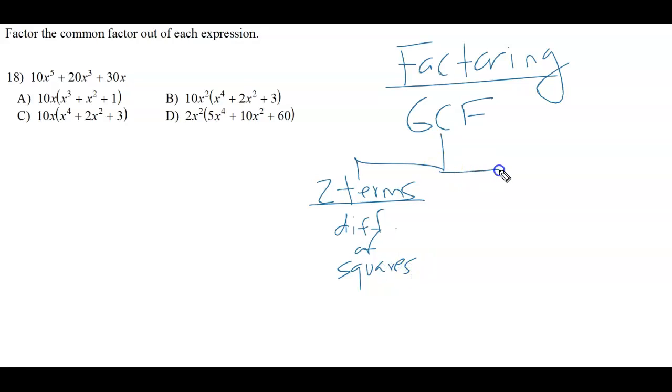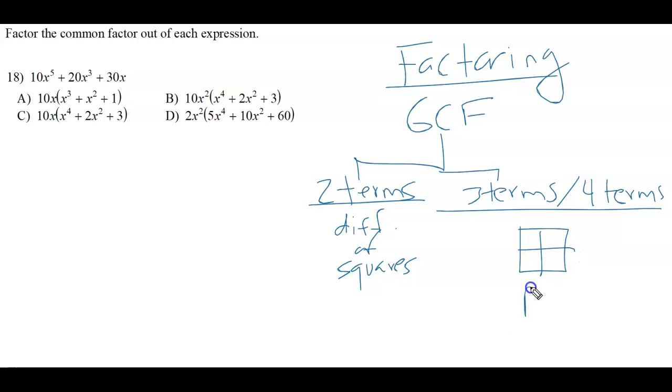And we'll also talk about if something has 3 terms, or if it has 4 terms. Whether it has 3 or 4 terms, then we use the box method. And that's it. So GCF, and then if it has 2 terms, difference of squares. If it has 3 or 4, we use the box method.